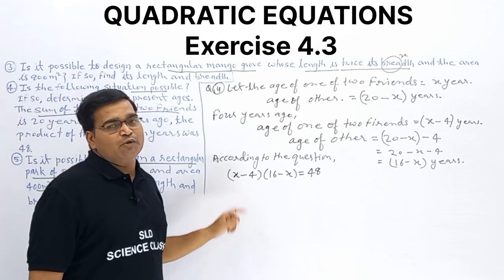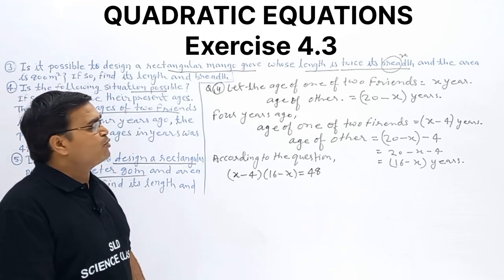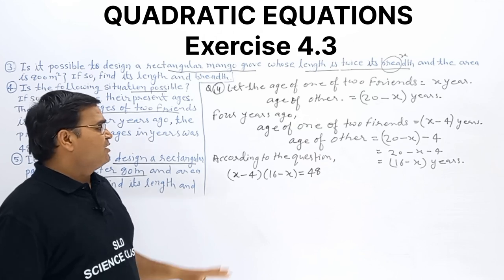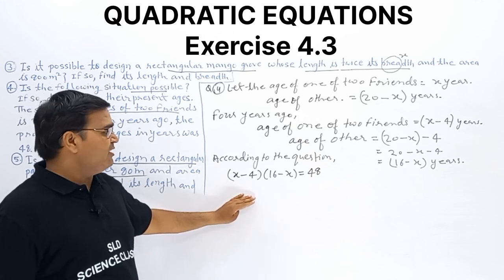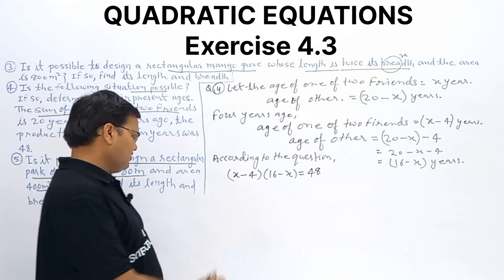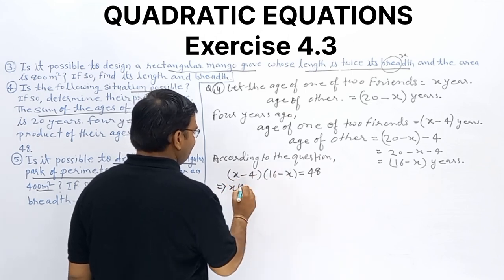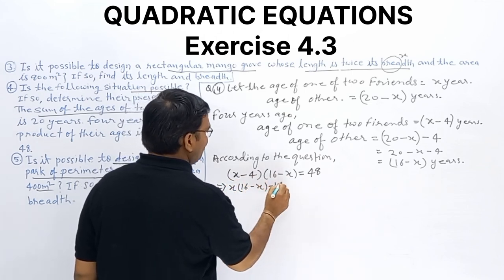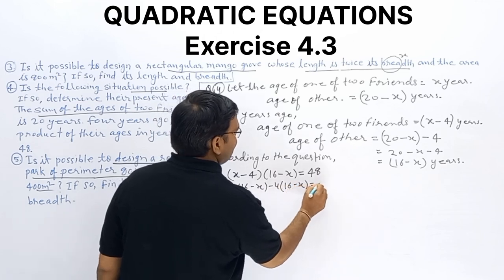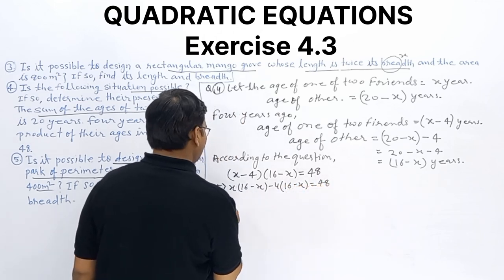Now this is question number 1 of exercise 4.1. Simple equation, we want a quadratic equation. Solve this one. We will multiply x into this bracket: (16 minus x) minus 4 into (16 minus x) equal to 48. Solve.